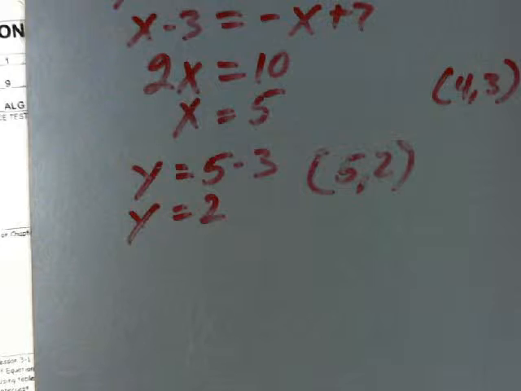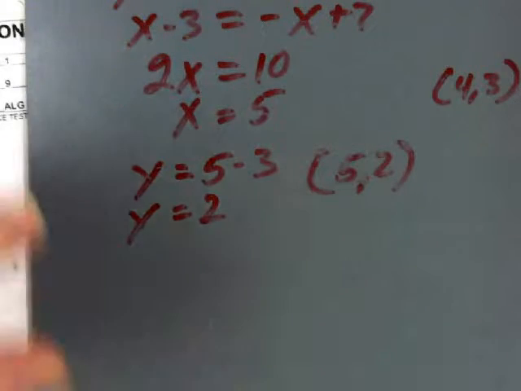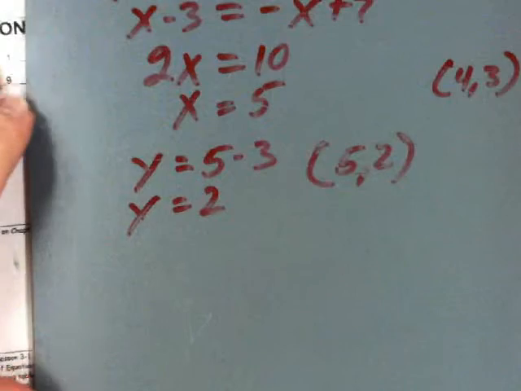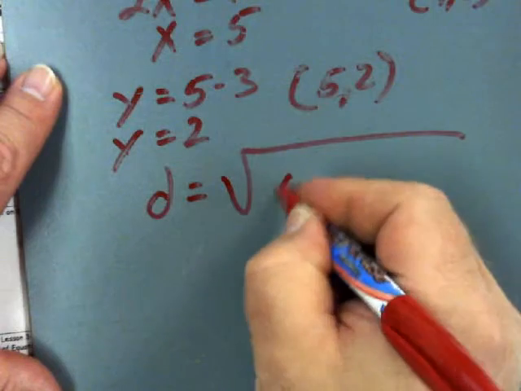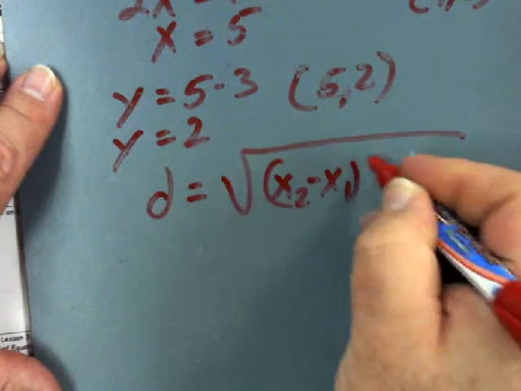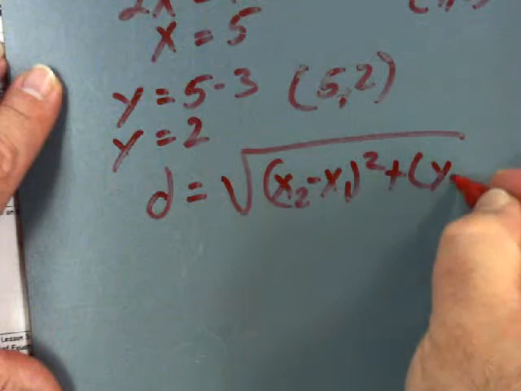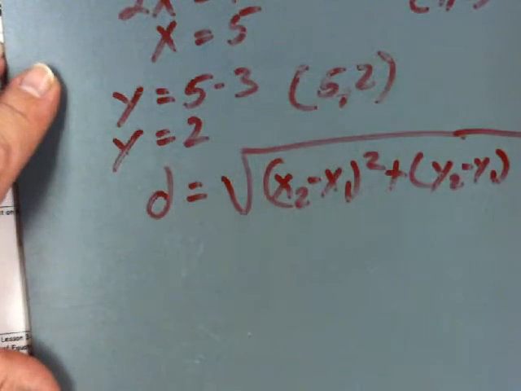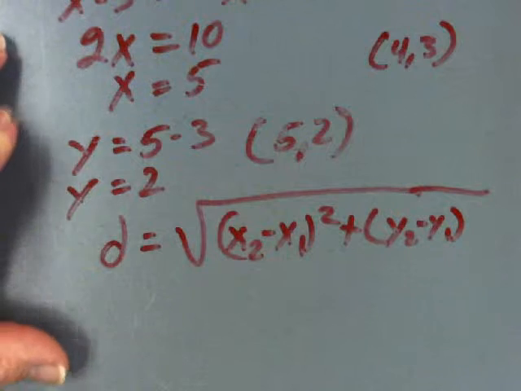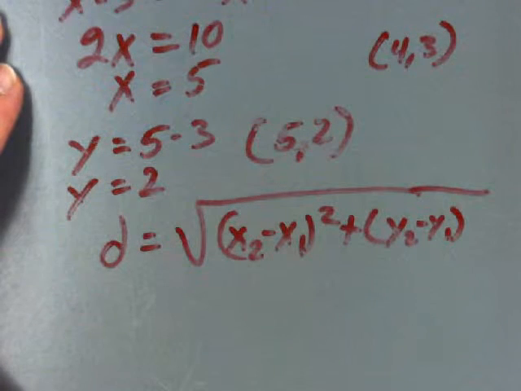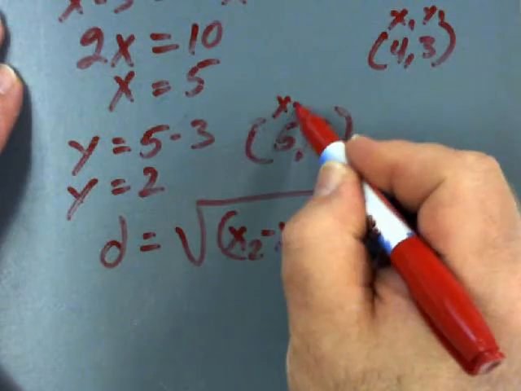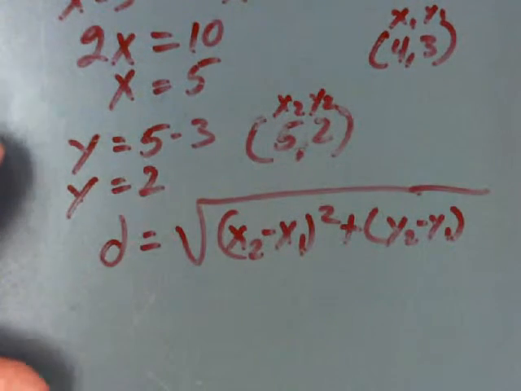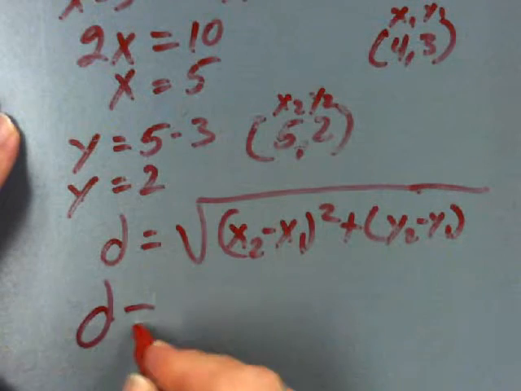How do I find the distance between 2 points? The distance equals the square root of (x2 minus x1) squared plus (y2 minus y1) squared. Distance formula. Which one's your x1, y1? That was a decision made by Katie.